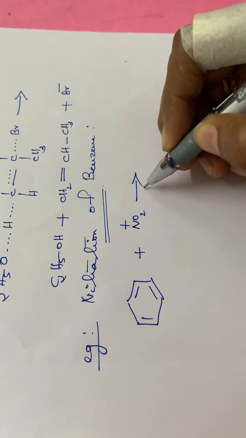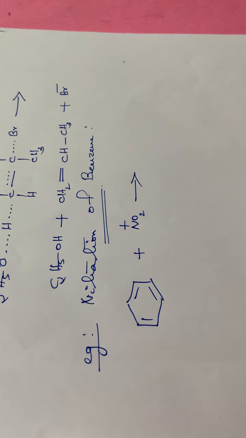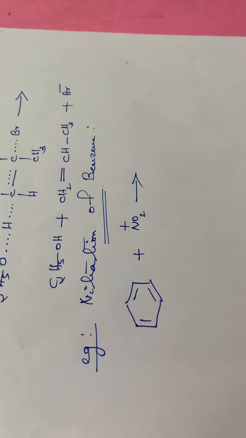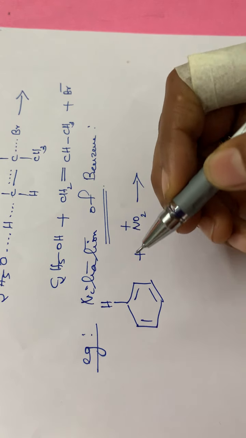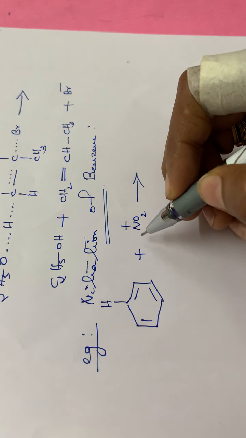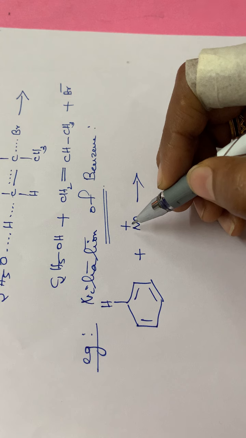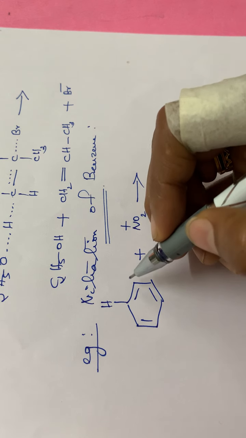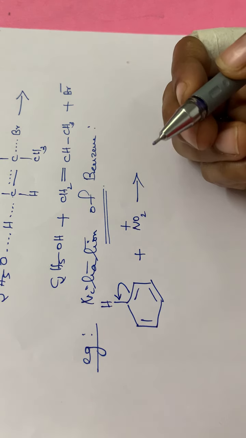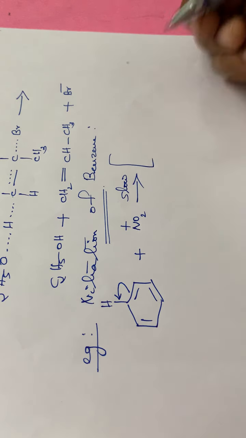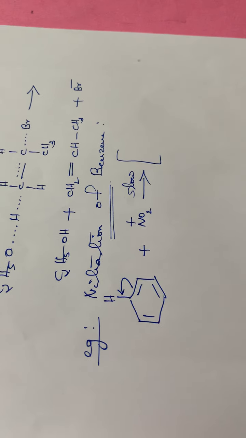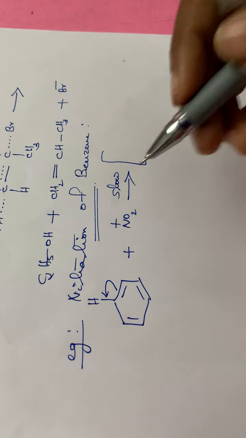Nitration means NO2 plus group will be added across the double bond. Okay. So here in this nitration of benzene, one hydrogen atom is present here. So in the first step, what happens while this electrophile, NO2 plus nitronium ion, is attacking, this double bond will be shifted to this position. Okay. So this is a slow step and it involves the formation of some resonating structures, isn't it?